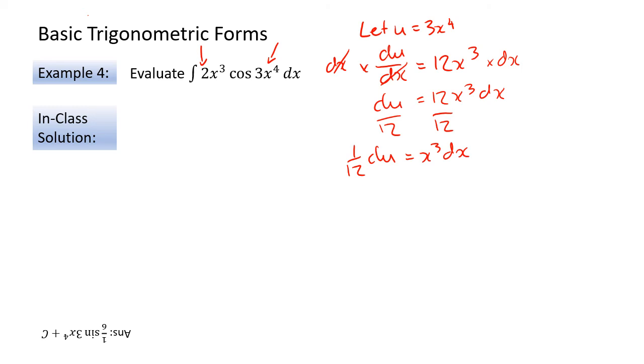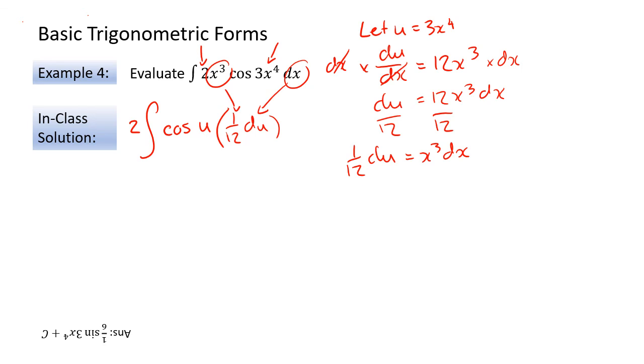So now we're going to substitute these values in. So we're left with, I'm going to move the 2 outside of the integral, 2 times the integral of x cubed dx, which is now 1 over 12 du. But before that, we're left with cosine of the function u times now 1 over 12 du, replacing the x cubed and the dx with the 1 over 12 du.